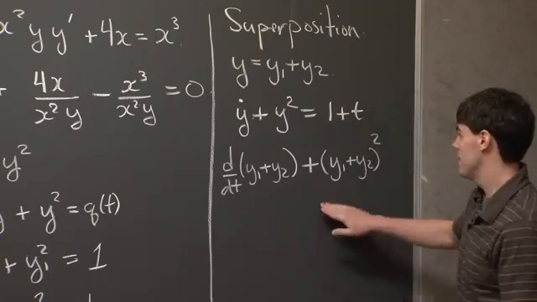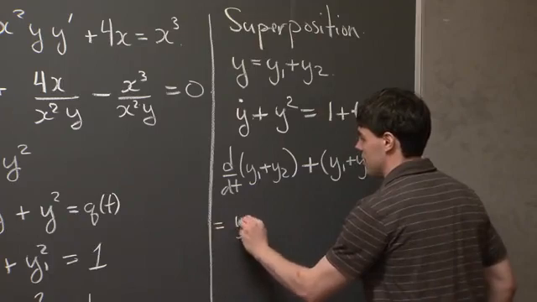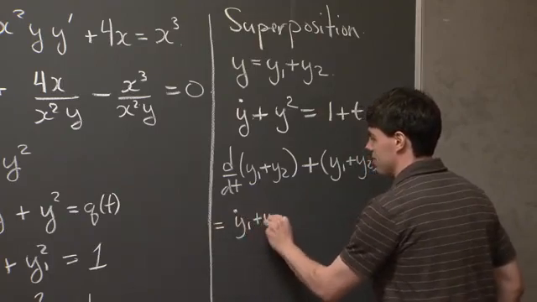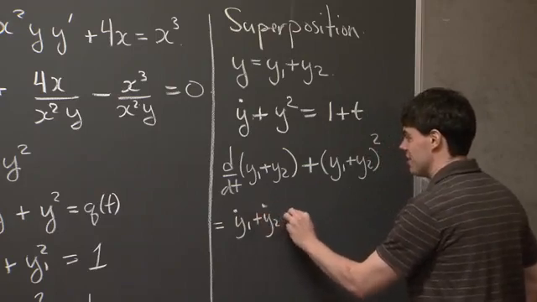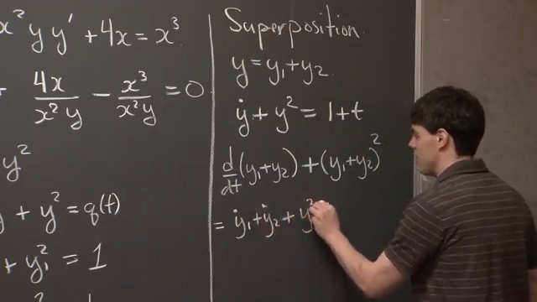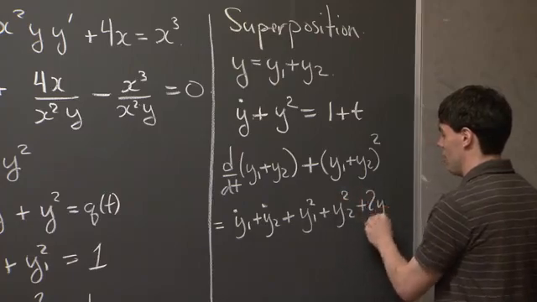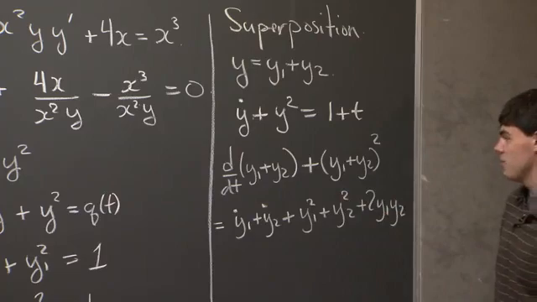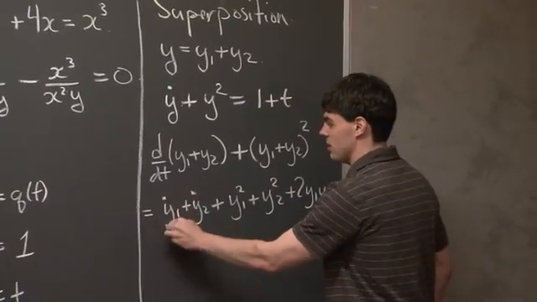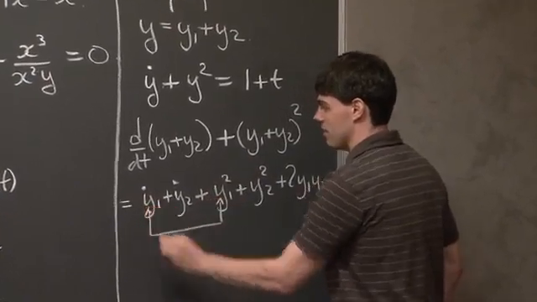Okay? And now what I can do is I can just simplify this. So I get y1 dot plus y2 dot, and I can expand out this square. So I get y1 squared plus y2 squared plus 2y1 y2. And now what I'm going to do is I'm going to combine the term y1 dot with y1 squared.